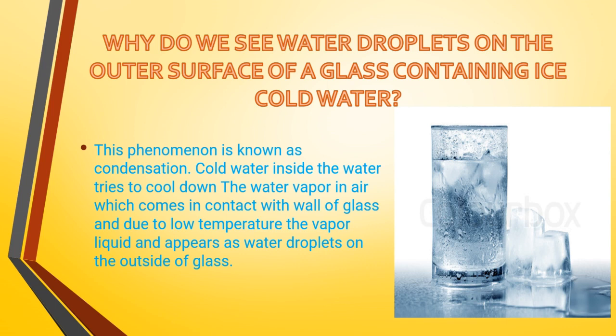This also happens when people in villages sprinkle water on the ground to make it cooler, so they can walk over it barefoot. These are all similar examples we have discussed. I hope you have understood this example as well.